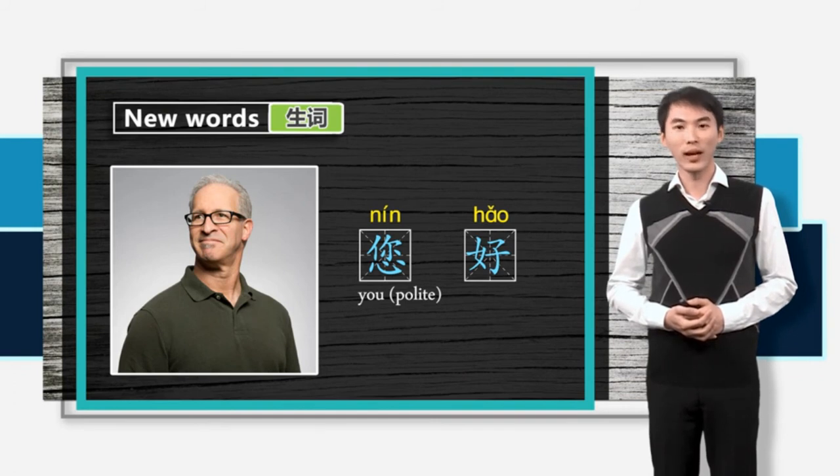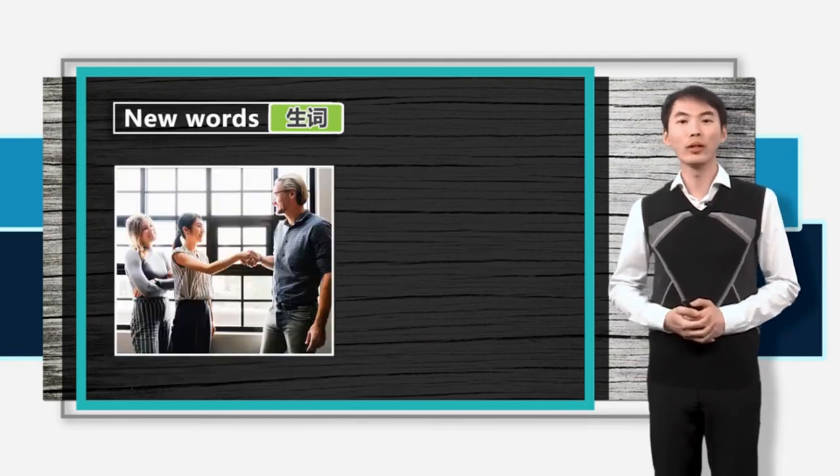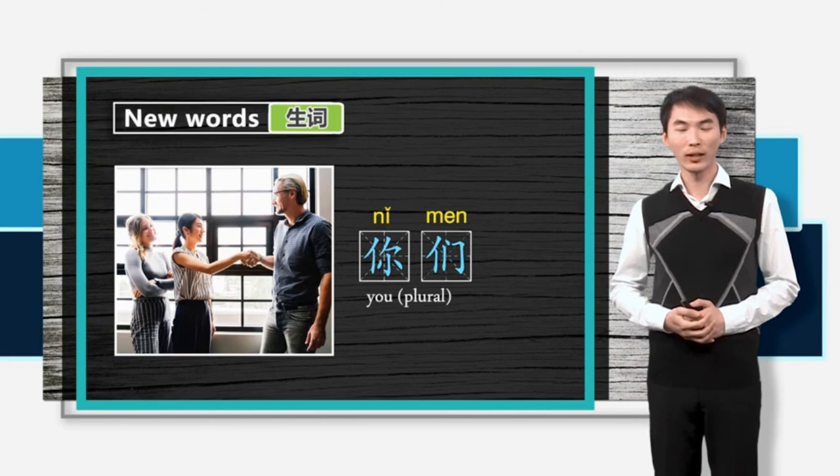Yes, you can say 您好 instead of 你好. If you meet more than one people, you can change 你 to the plural form 你们. Read after me. 你们, 你们好, 你们好. Very good.